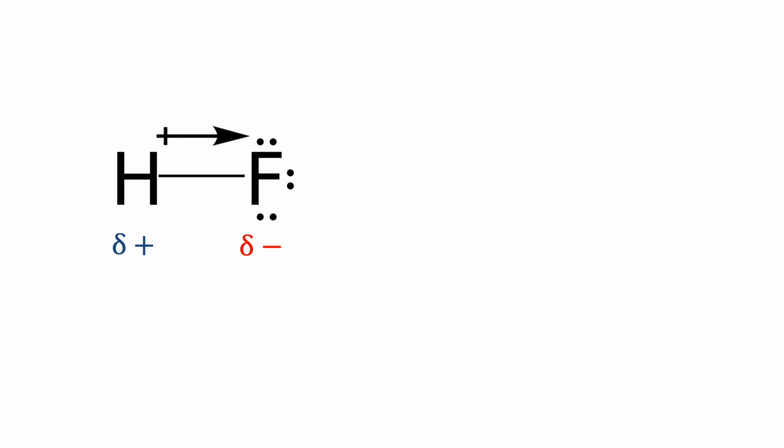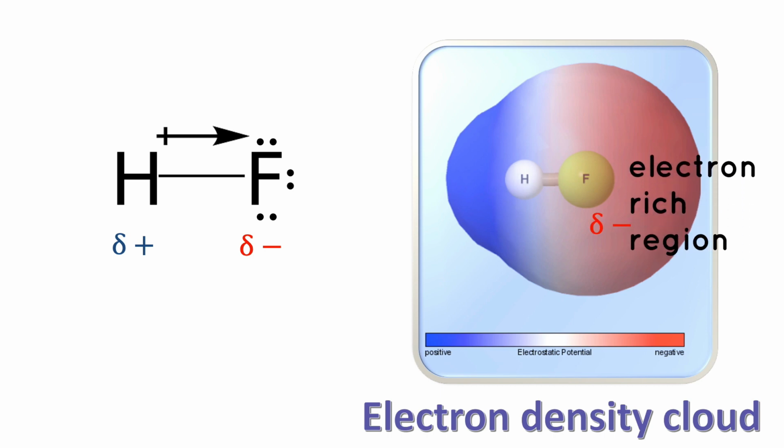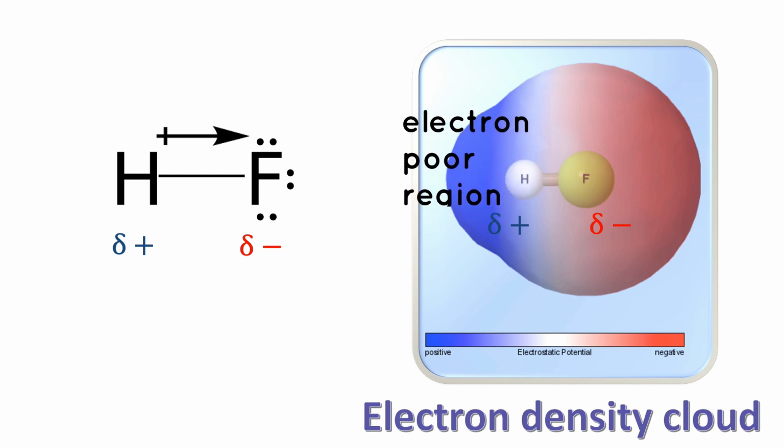This arrow is not like a normal arrow. The positive end here is known as the delta positive region, and the arrow head here is known as the delta negative region. If we look at the molecule with the electron density cloud, the delta negative region is known as the electron-rich region because the fluorine atom attracts more electron density towards itself, while the delta positive region is known as the electron-poor region because less electron density is distributed on this region.